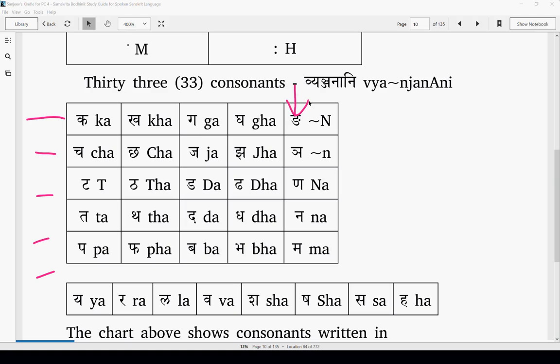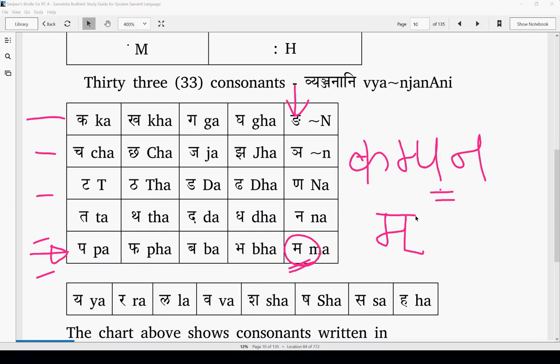For example, when you said kampana, where is pa here? Pa is in the labial line, right? So before pa, this ma sound is heard. Ma, not the anuswara, but the consonant one. Kampana.